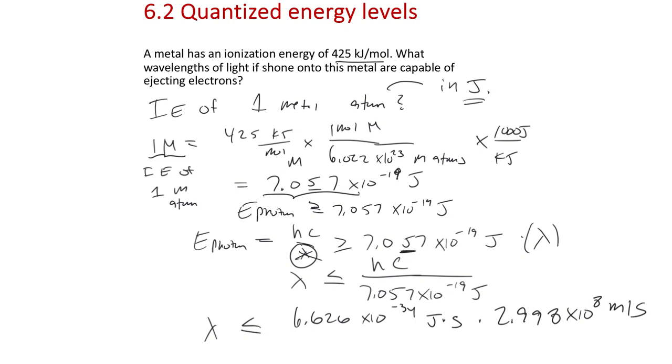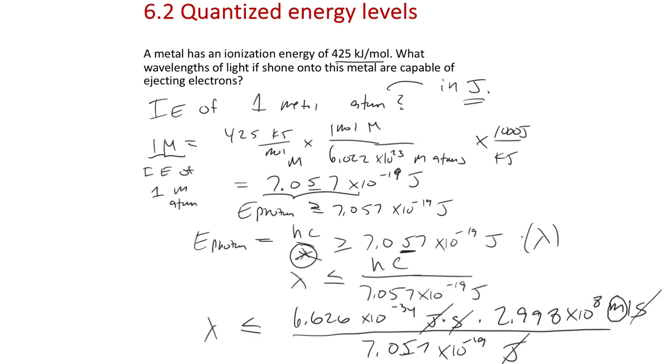We have 3 digits on our energy. Unit-wise, the per second and the meters per second cancel, leaving joules times seconds. So again, remember joules times seconds helps us know that we're multiplying by the speed of light here, and we're dividing by 7.057 times 10 to the minus 19 joules. Joules cancels, so we're calculating our wavelength here in units of meters.